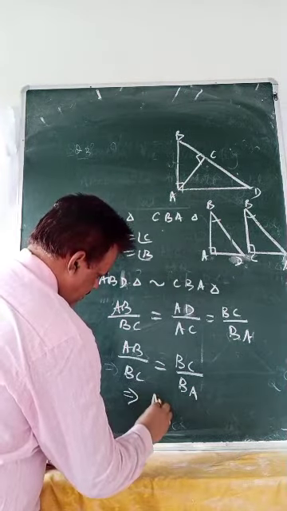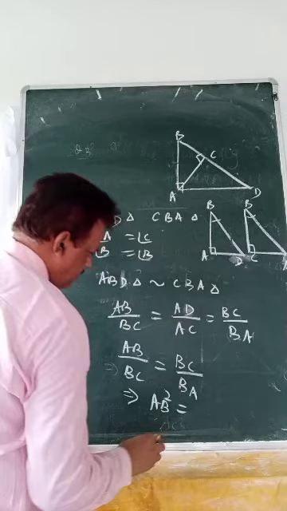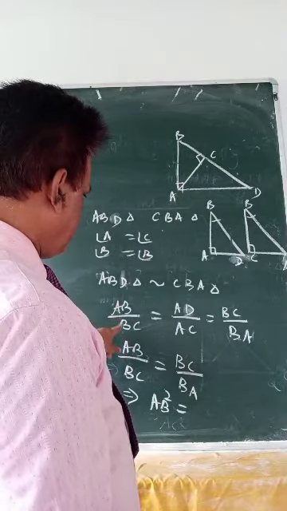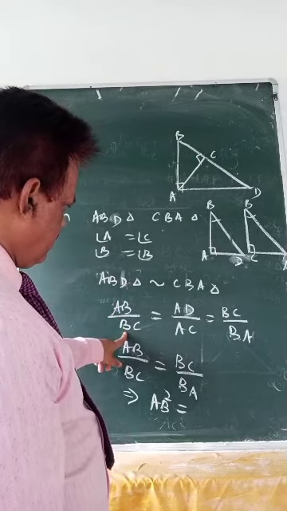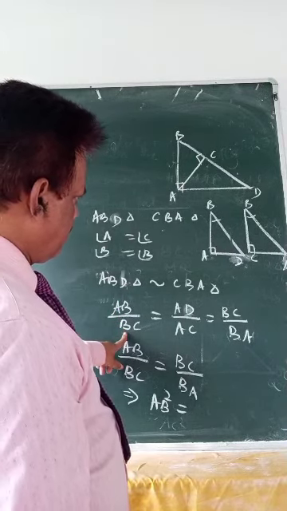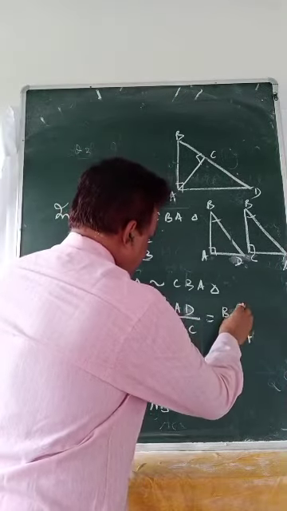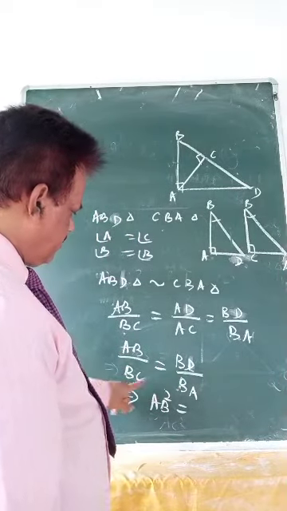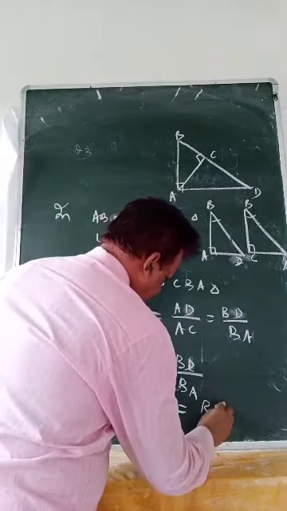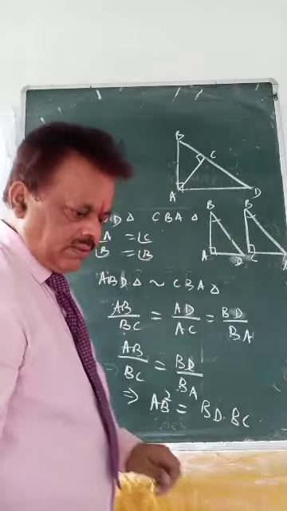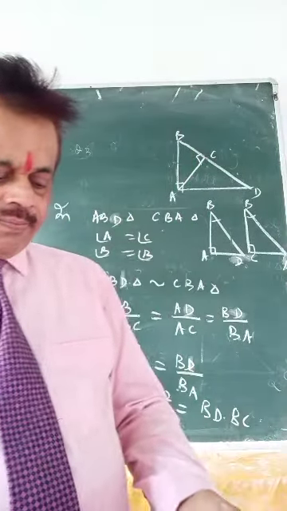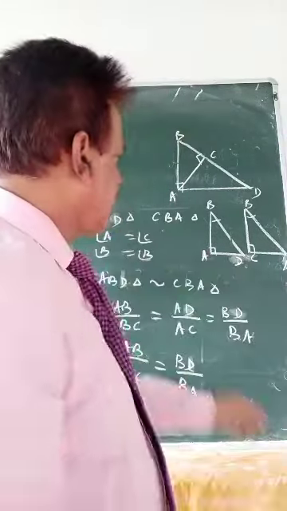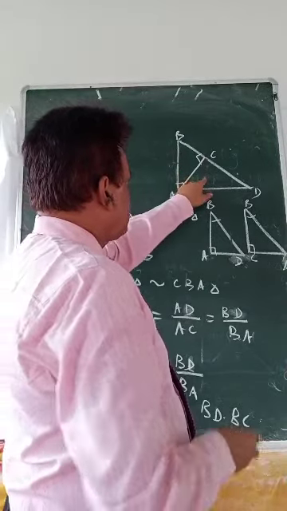Implies AB square equals AB by BC, BD by, AB square is equal to BD into BC. You got it? So the first part you got: AB square is equal to BC into BD. Now which one do you take? Big triangle and second triangle.